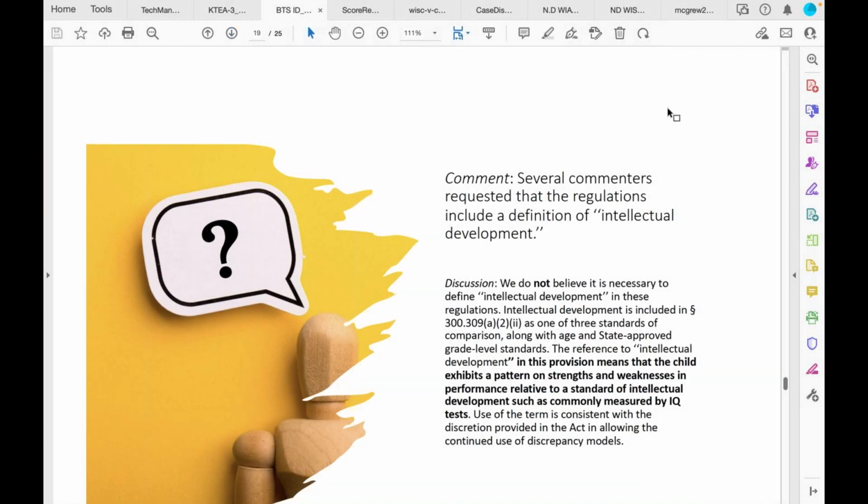Okay, and even if you add 13 to 65, you're still not at 70. Some lower level abilities, yes. So you could have that in an IDD profile. Some lower level abilities might be high, but the majority of the scores that make up the IQ score are going to be low. All right, let's keep going.